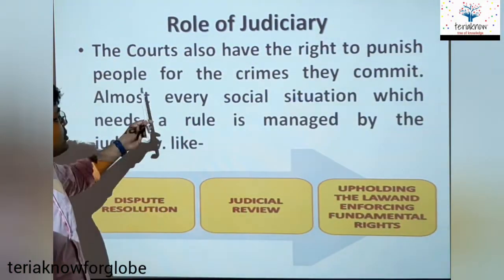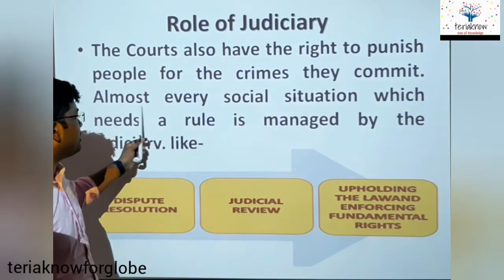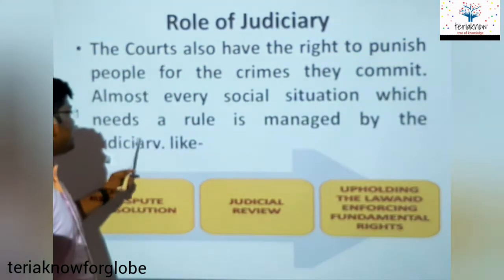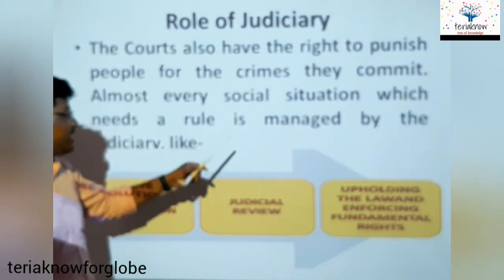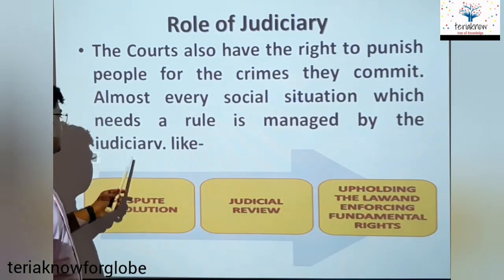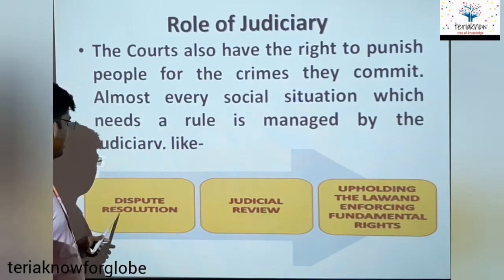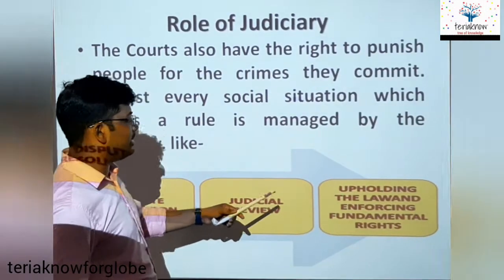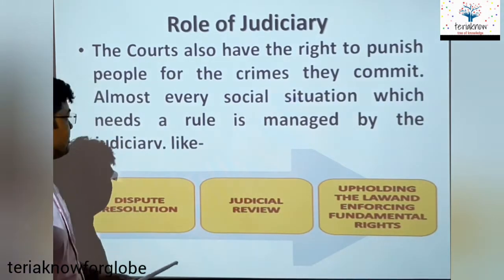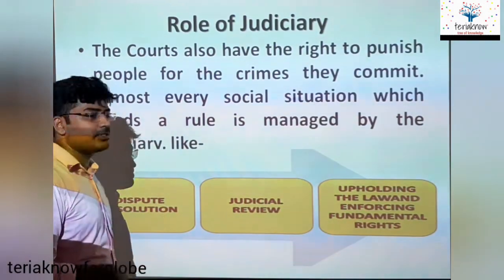Then the court also has the right to punish people for the crimes they commit. Like you can see, dispute resolution, judicial review, upholding the law and enforcing fundamental rights. It means courts have the right to punish people for the crimes they commit.